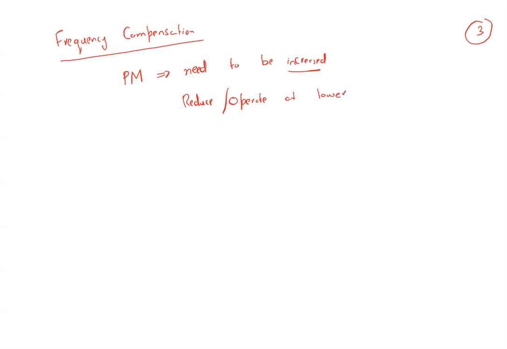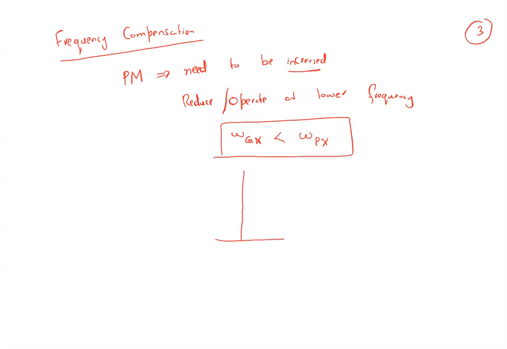So in circuit terms, how can you operate at a lower frequency? The gain crossover frequency should be less than the phase crossover frequency; this is the condition of stability. But we want to increase our phase margin further. If your gain crossover frequency omega gx is on this side previously, you need to bring it further to the left.